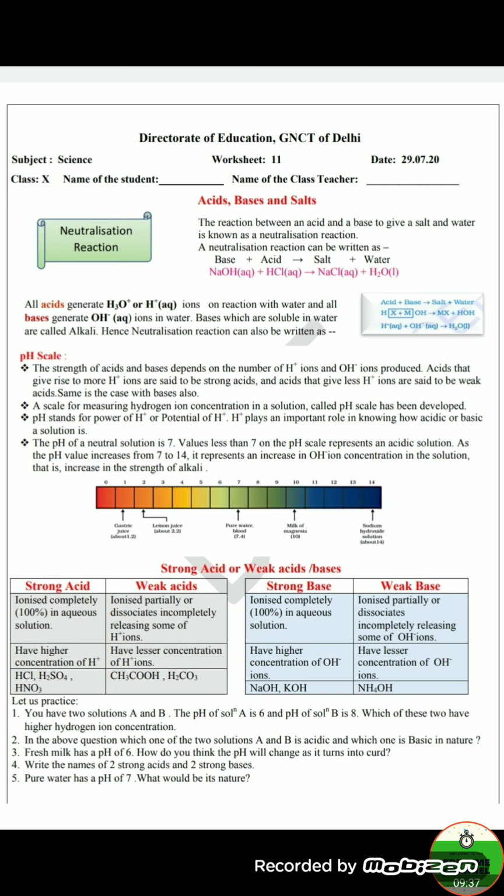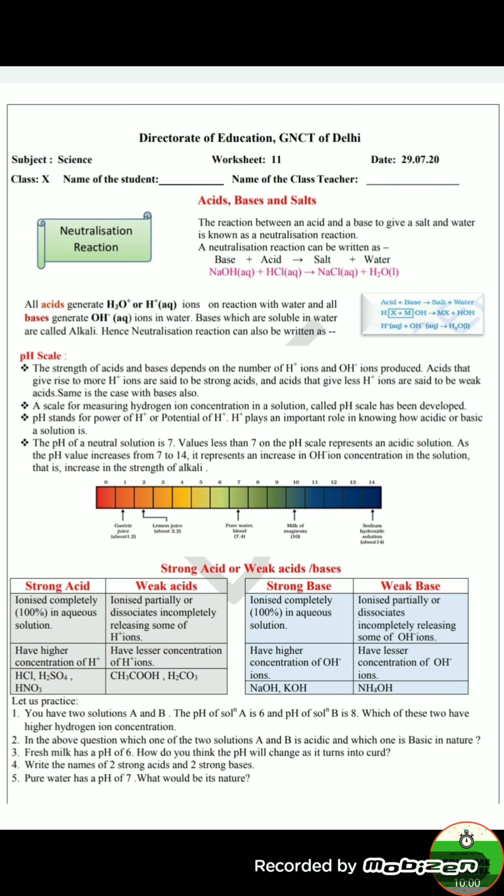Strong base ionizes again completely in aqueous solution, means strong base completely dissociates and releases OH minus ions, whereas weak base ionizes partially or dissociates incompletely and releases some or few OH minus ions.